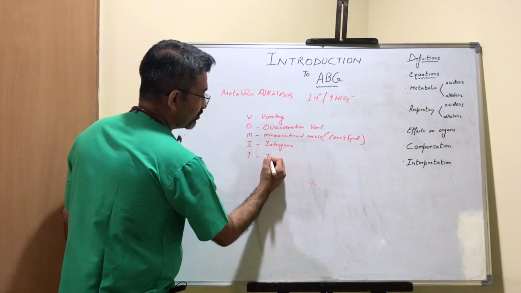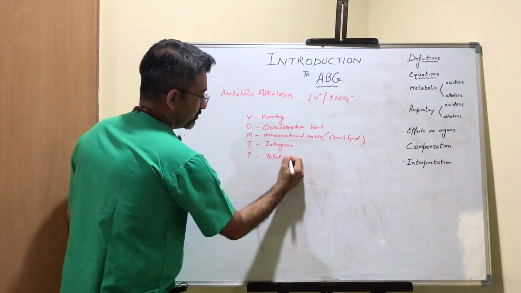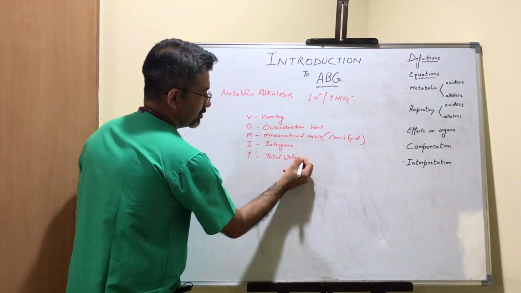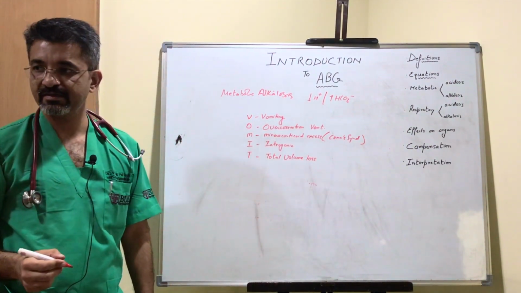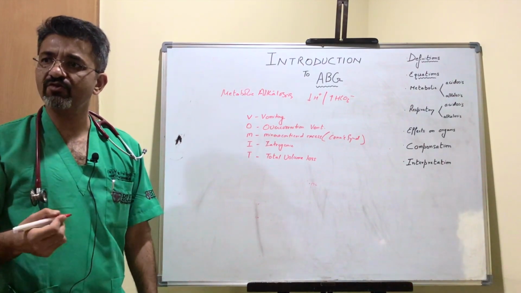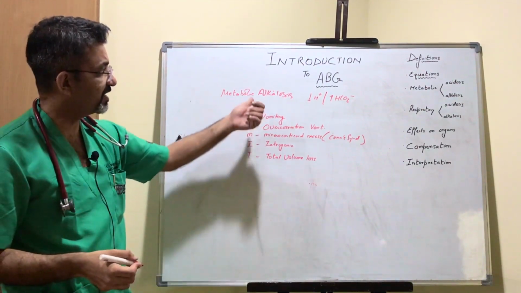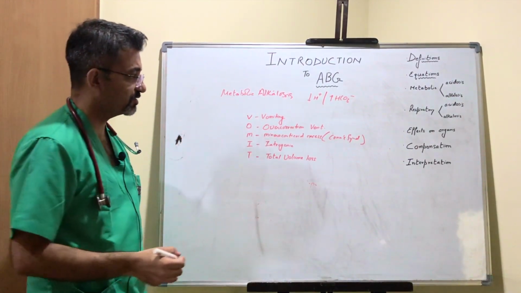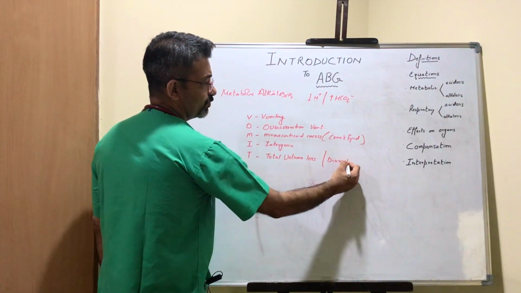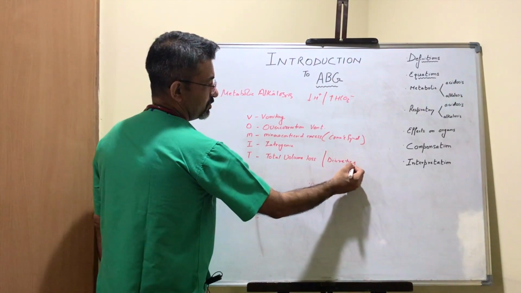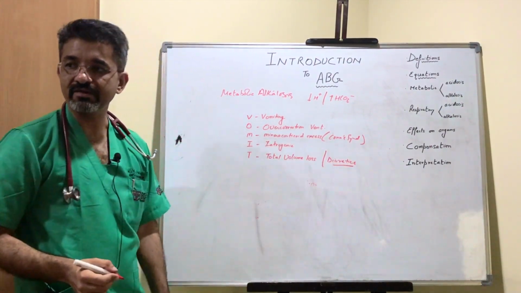T is total volume loss. Means a patient who has profound bleeding, either GI or traumatic bleeding, may land up in metabolic alkalosis. Or someone who is taking diuretics will lose a lot of H ions in the urine.